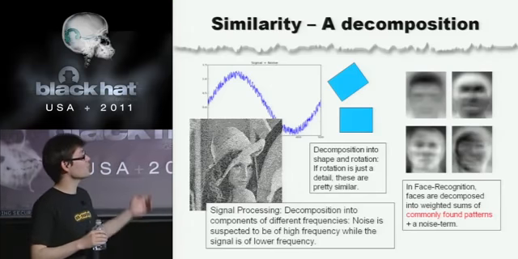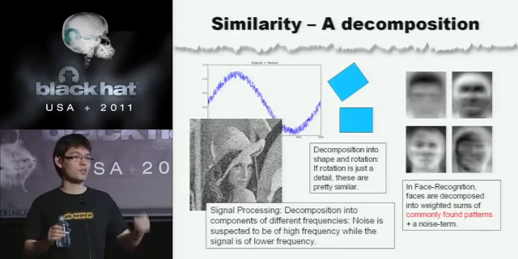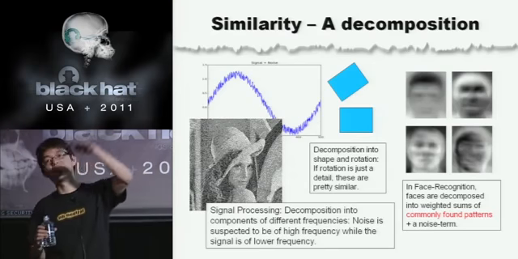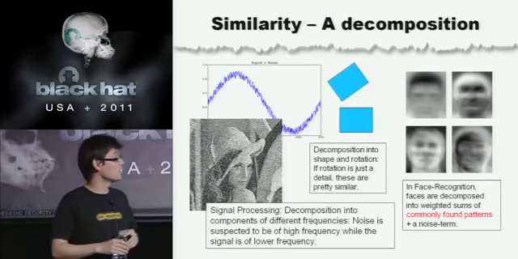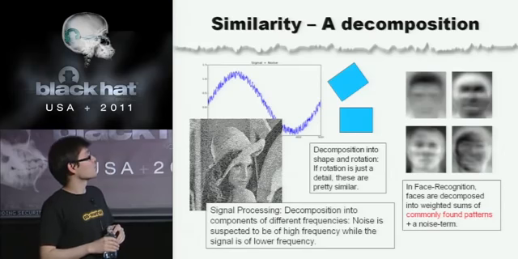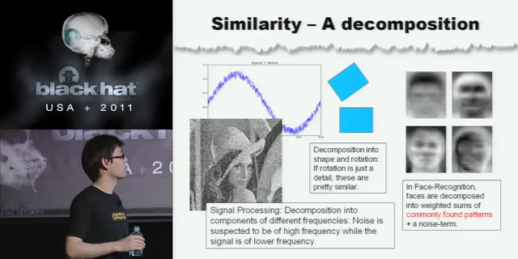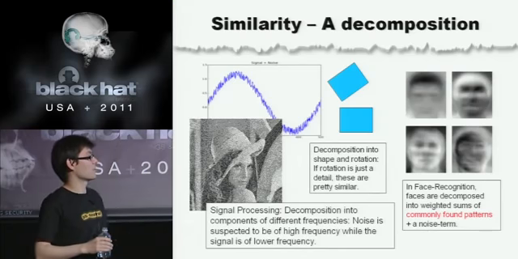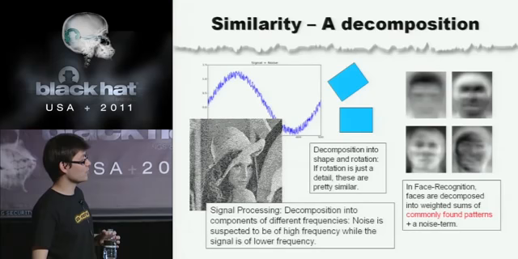If you look at signal processing, you usually say that the big picture is in the low frequency part of the signal, and the details are in the high frequency part. So if you take the sine curve up there, the big picture is the sine curve, and all of that gibber there is just the details, noise.